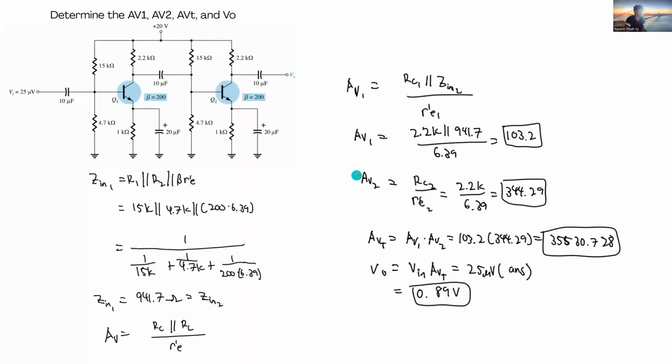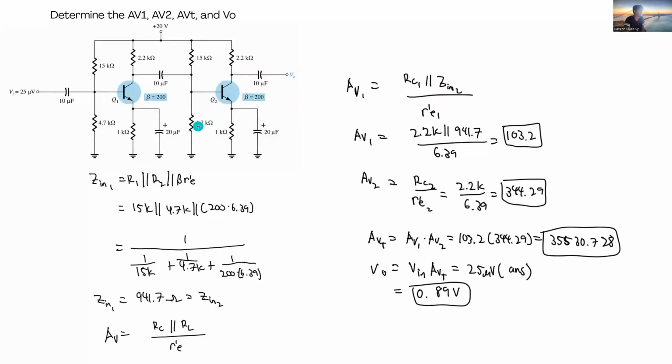So we ask ourselves, why is there a difference in the formula for AV1 and AV2? Since all of this is connected, the output impedance of stage 1 is connected to the input impedance of stage 2.